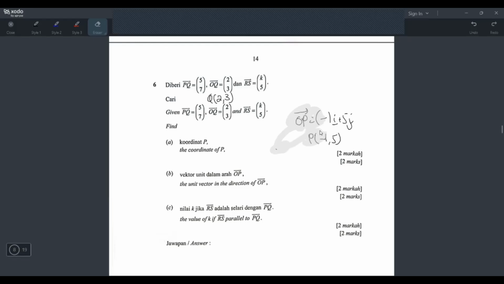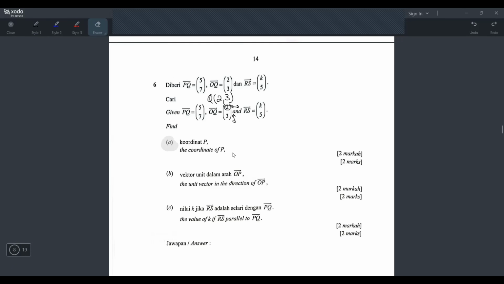So, but if you start from 0, 0, then whatever the number here, that will be the coordinate of the point Q, right? Because the number atas is for pergerakan yang kiri kanan, nombor bawah is for pergerakan yang atas bawah. And you start from O, it means if you start from 0, 0, if you go 2 ke kanan and then 3 ke atas, obviously this point will be 2, 3, right? If you go from O, okay? But if you go from PQ, other points, then you can't do like that.